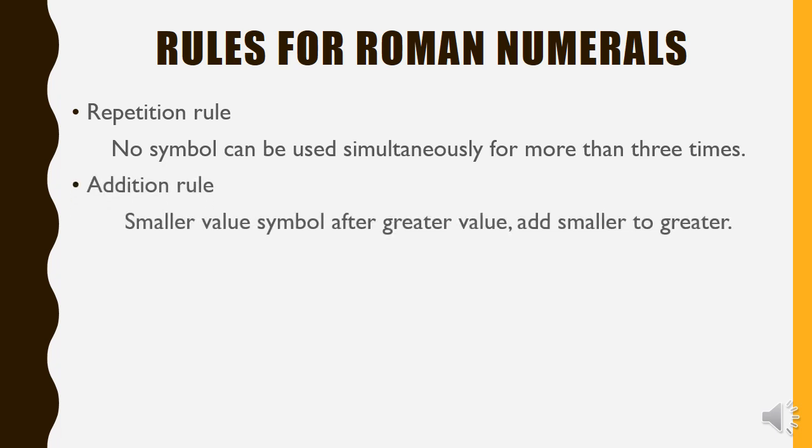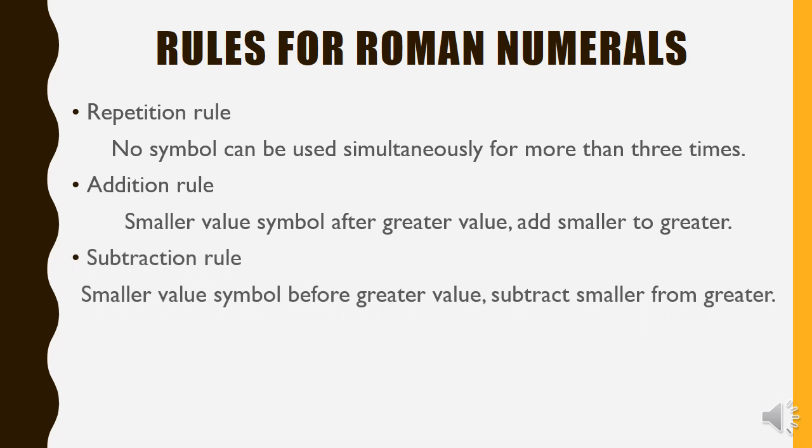The second one is addition rule, which states that if a smaller value symbol is put after a greater value, then we have to add smaller to greater. And the last one is subtraction rule, which states that if smaller value symbol comes before greater value, then we have to subtract smaller from greater. We will apply these rules in this lecture.